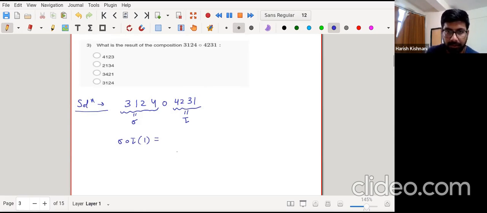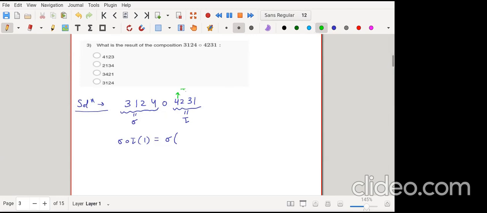Okay. What is sigma of, what is tau of 1? This is 4. Yeah, 4. It's 4, I think. Tau of 1.